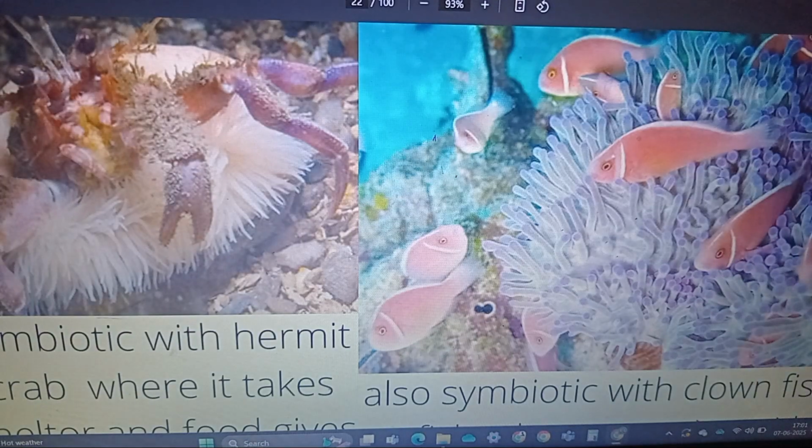The sea anemone makes symbiosis with the clownfish and also with the hermit crab. With its tentacles, it provides protection to the clownfish and gets food. Here it gets mobility with the help of the hermit crab and gets food.